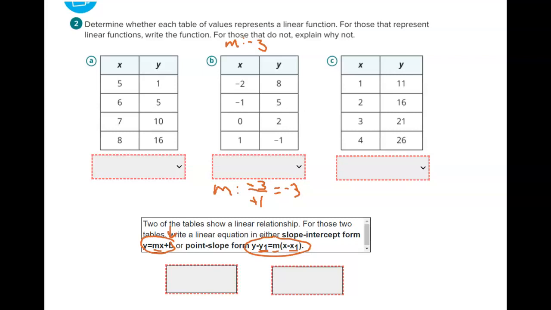Let's just do them both, right? So it's pretty easy on this one. It's a really good example for either one. So we know our slope, -3. The part we need to know now, let's say we're using the slope-intercept form, we need to know the b, or the y-intercept.